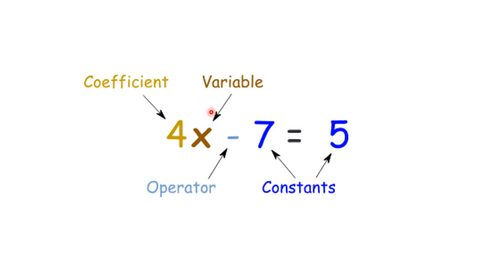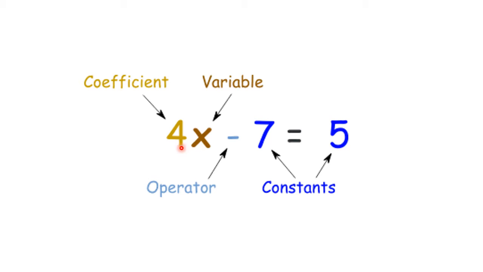For example, in an algebraic expression, if a number 4 is along with the variable x, then 4 and x together is called a term, 4x. This 4x is one term. 7 and 5 are not with any alphabet, they are only numbers, so they are called constants.